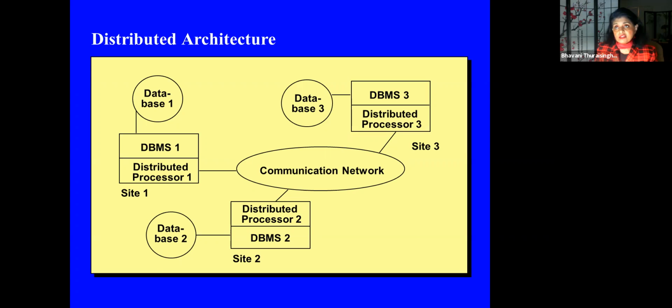If you have this big company with branches in Dallas and Los Angeles and New York City, then you would store the data right next to that site, as local data. Employees in Dallas will have a local database, employees in Los Angeles will have their own database, and employees in New York City will have their database. So you distribute the data because you want the data to be close to the employees.